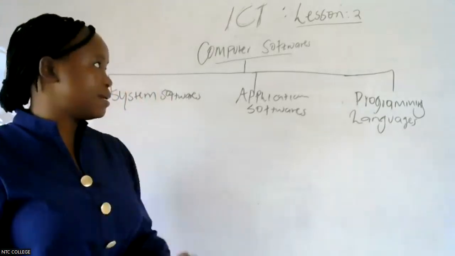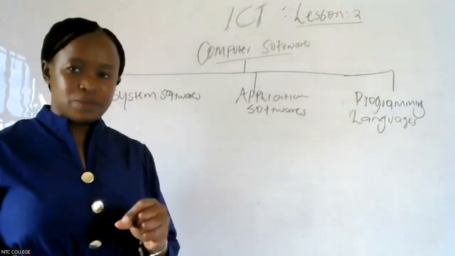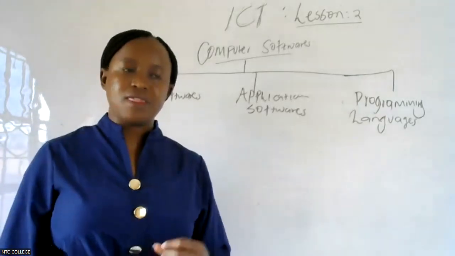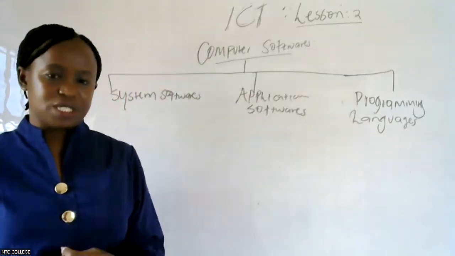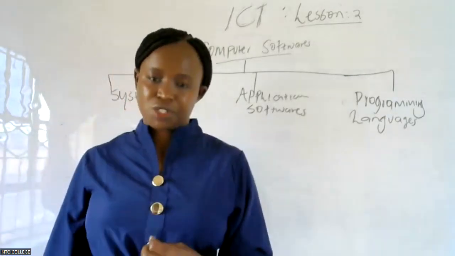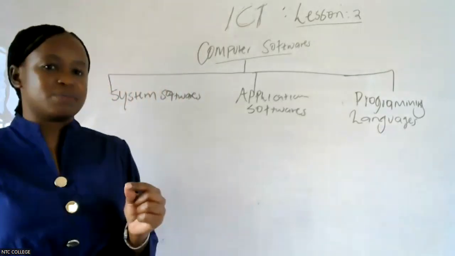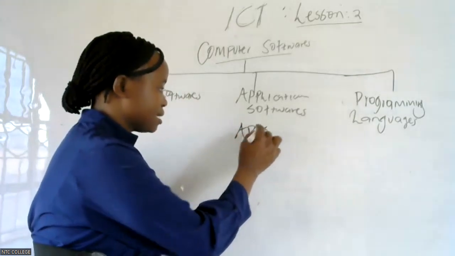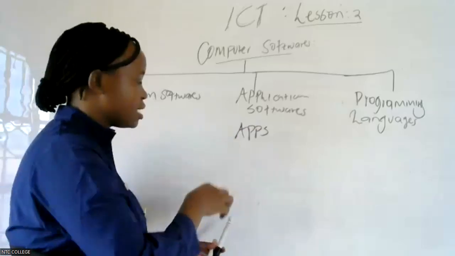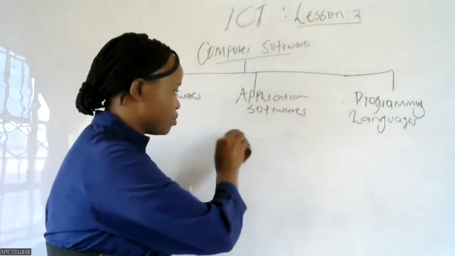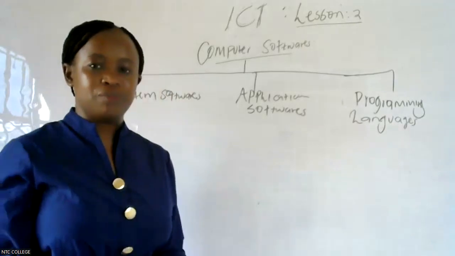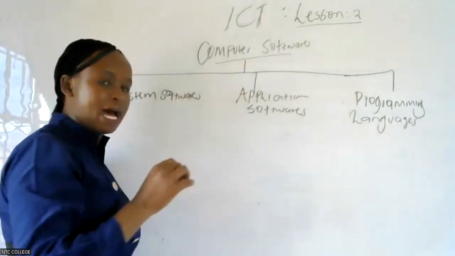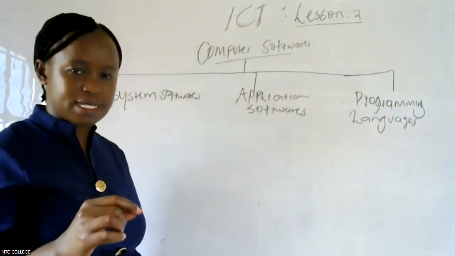But at the end of the day, apart from the hardwares, which are tangible, all those other instructions that are running our machines, all those applications, the things that you have in your smartphones, nowadays you call them the apps, APPS. This is a short term for an application software. So all that group simply fits here in terms of computer softwares.